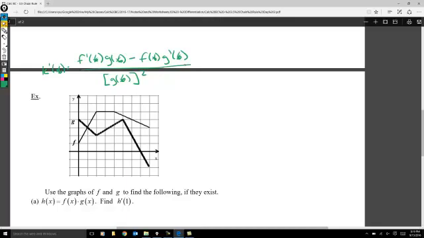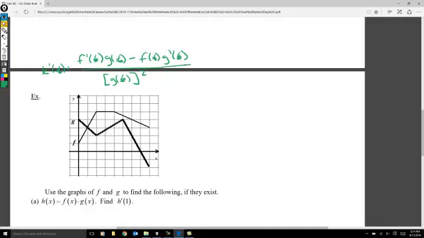I go up. All right, so I'm trying to figure out what the slope of this line is right here. So I know it's negative, and I count, it goes 1, 2 up and 1 over. So I know that I have a slope of negative 2 over 1.